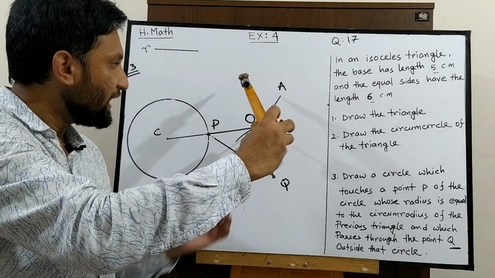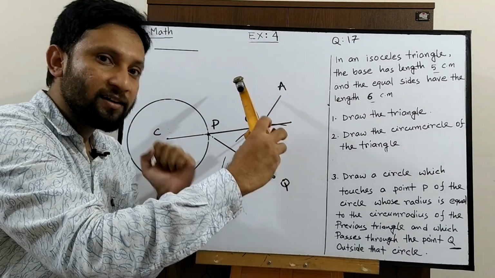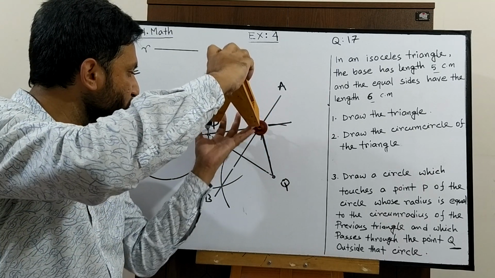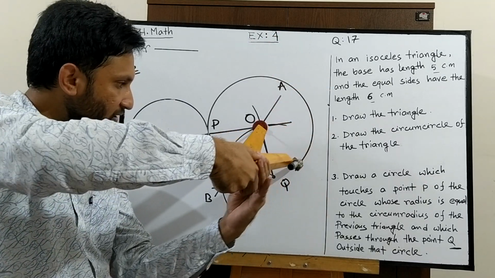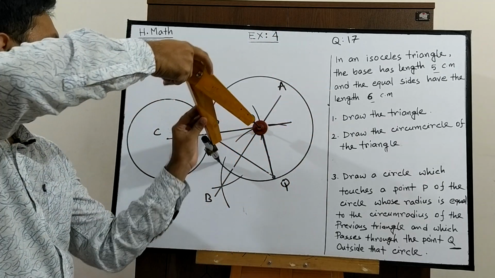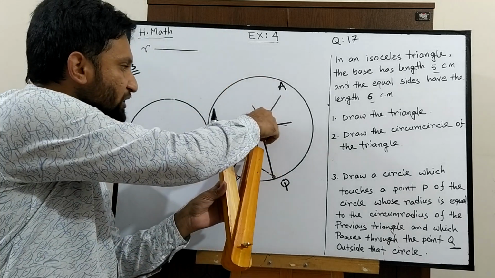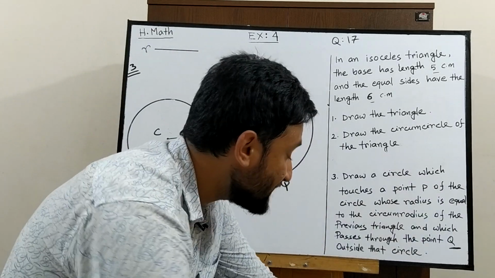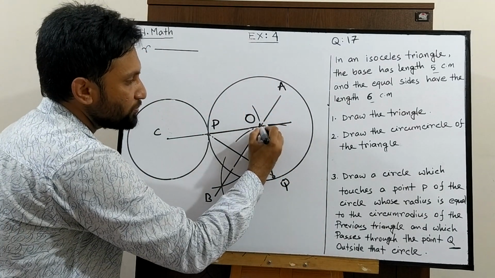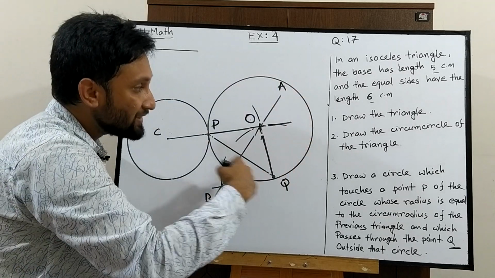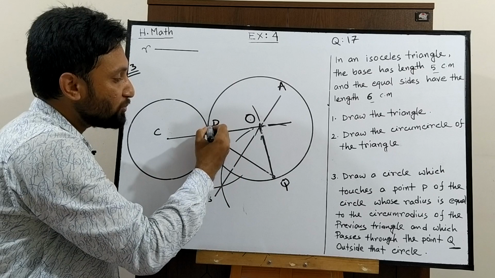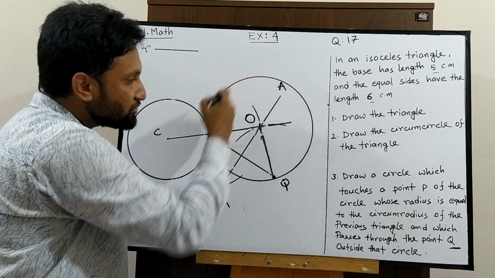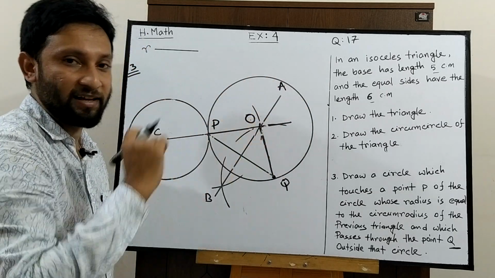Draw the circle which passes through point P and which passes through point Q. Here see that OP is the radius. Draw the circle that is passing through the point P and the outside point Q. So this new circle is the required circle.